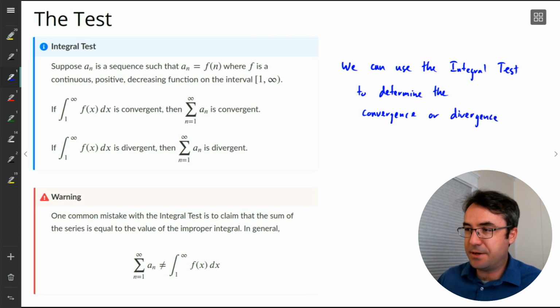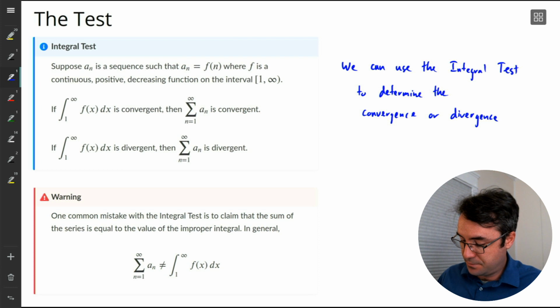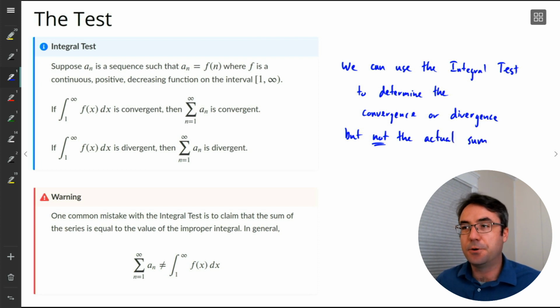But the one thing that it doesn't do is tell us what the actual sum of our series is. After going through the integral test, we'll be able to say whether our series is convergent, but we won't actually know what the sum is.